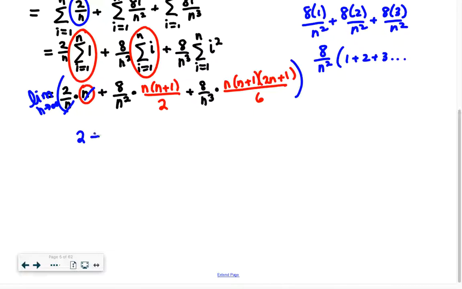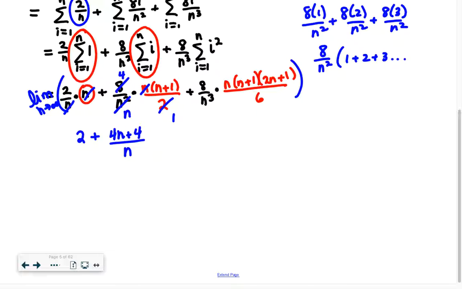So we have 2 plus, and we start reducing things out. So my n squared and n make an n, right? My 8 and my 2 actually could reduce out to 4. So I have 4n plus 4 all over n. You see that?